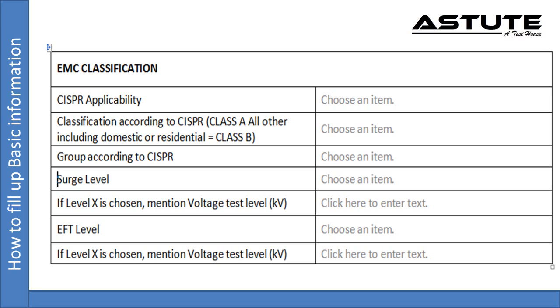Group 2 contains all ISM equipment in which radio frequency energy is intentionally generated and used in the form of electromagnetic radiation for the treatment of material, and EDM and arc welding equipment.